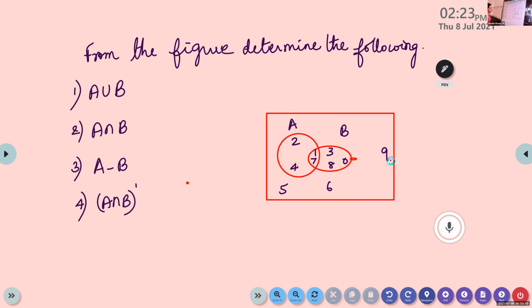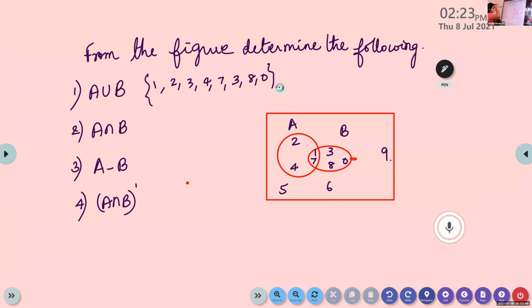Yes, Align, give the answer. Five, six. Yes, A union B is. Can you repeat? 1, 2, 4, 7, 3, 8, 0, 9, 5, 6.